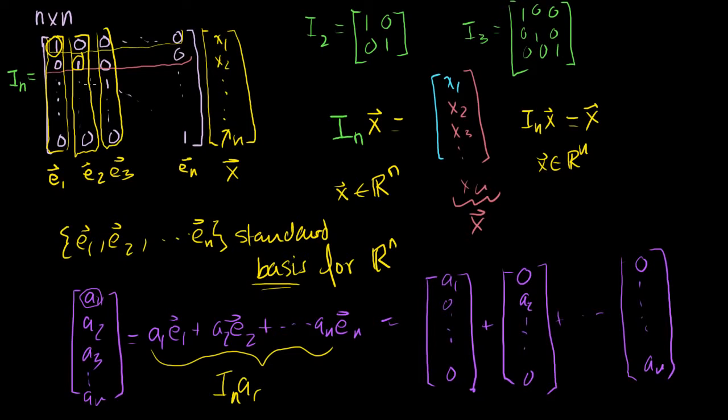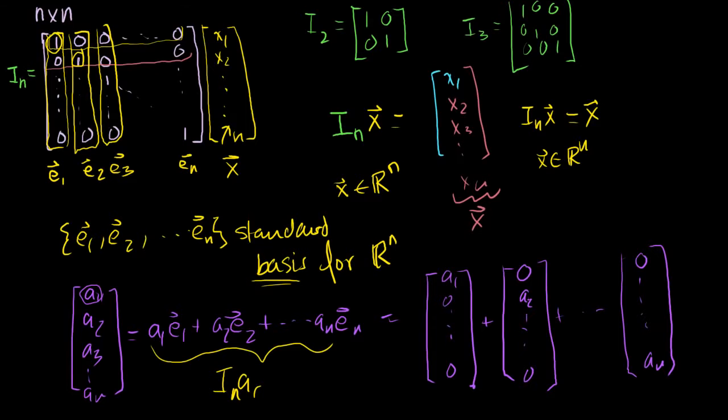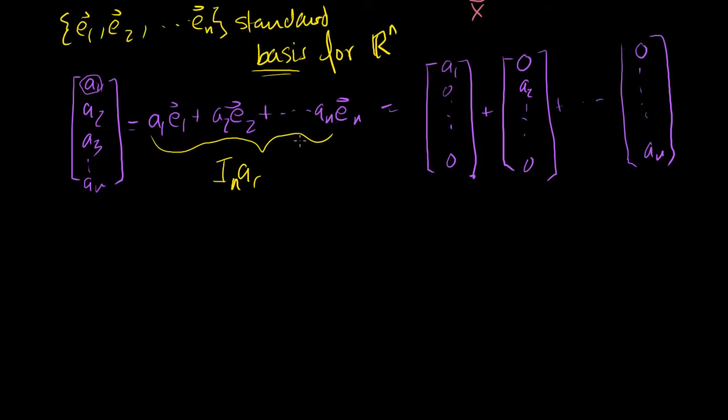Now, let's apply what we already know about linear transformations to what we've just learned about this identity matrix. I can write any vector x as a linear combination of the standard basis, which are really just the columns of the identity matrix.